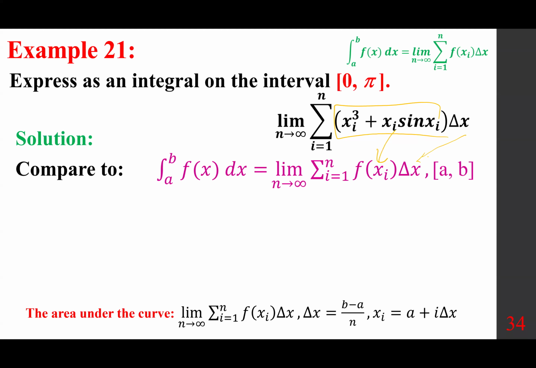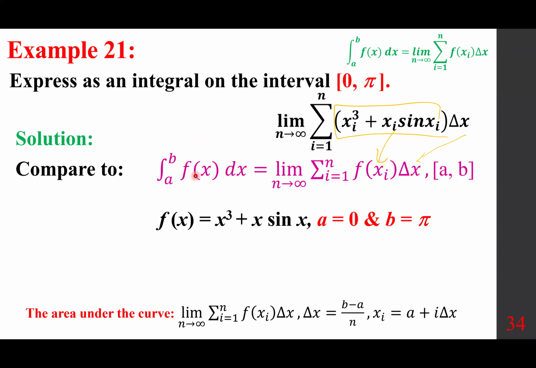So if this is x sub i, what is f of x? The same thing without the i. So f of x is x cubed plus x sine x. A is 0 as it was given here, and b is pi as it was given here.